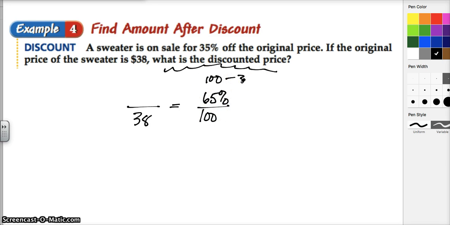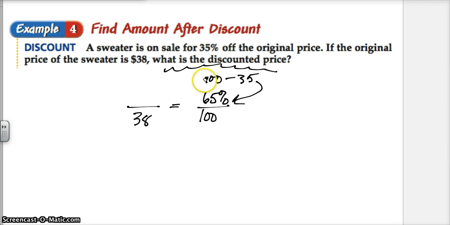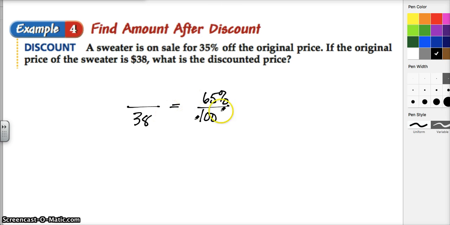100 minus 35 is going to give me that 65%. And so with that in mind, I'm going to use 65% to come up with the answer. So I want to know what 65% of 38 is, because that's going to take the 35% off. Kind of neat, huh? All right, let's go ahead and do it. So we have 100 times x is equal to 38 times 65.